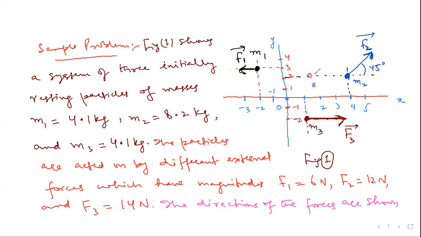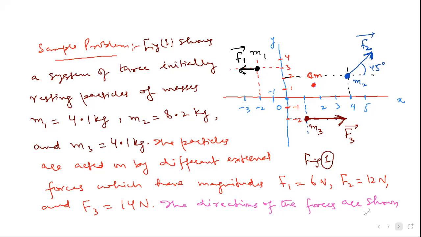Understand it. So this is the location of the center of mass. 1.8 is its x coordinate in centimeters, and 1.3 centimeter is on the y-axis, right? Let us move on; the first part of the question we have done.